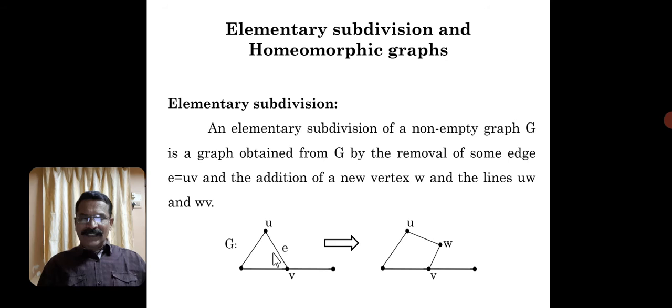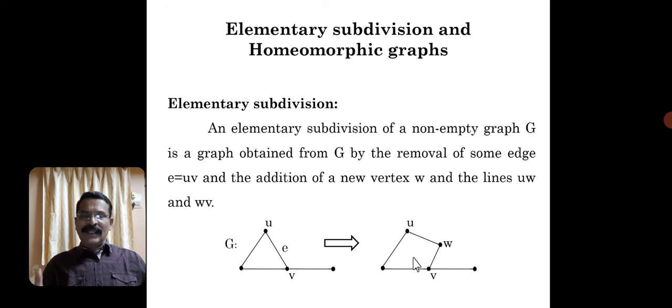Instead of this edge E, I introduced one vertex W. The same edge E equal to UV, in that I have deleted E, then instead of the edge I have introduced one vertex W. Then I have joined W with U and W with V. So it implies we are introducing one vertex in an edge.